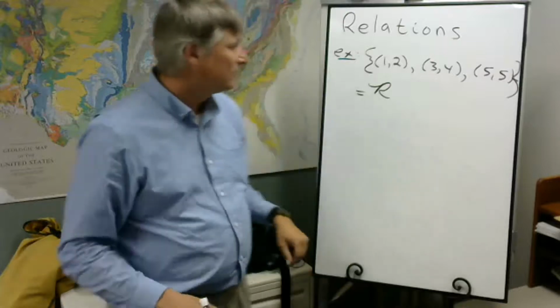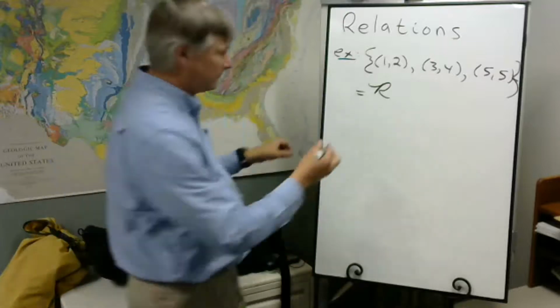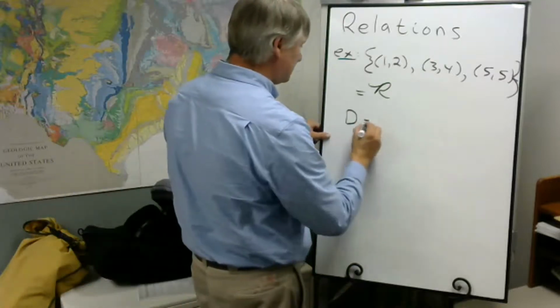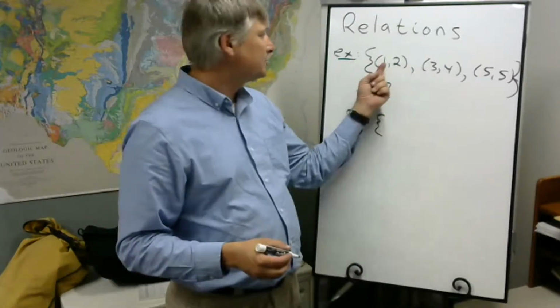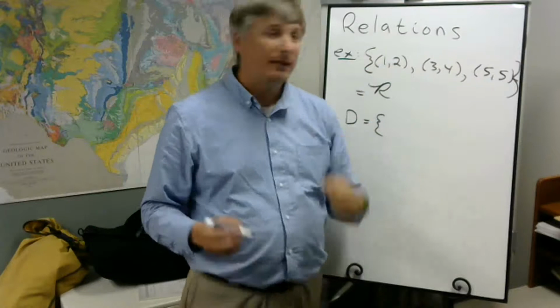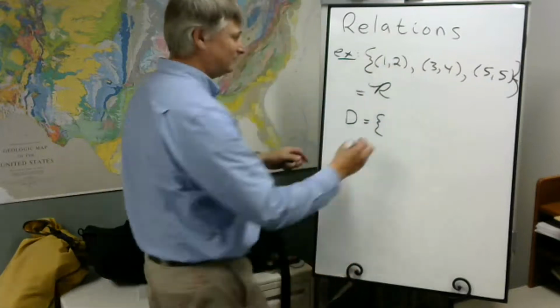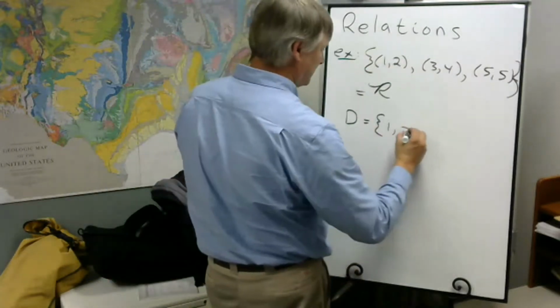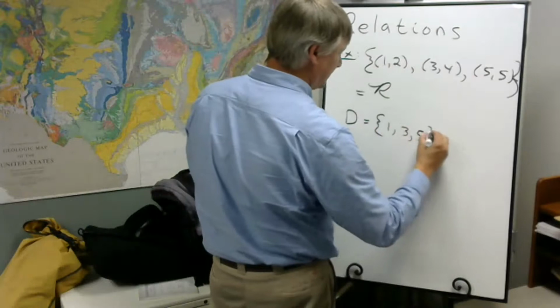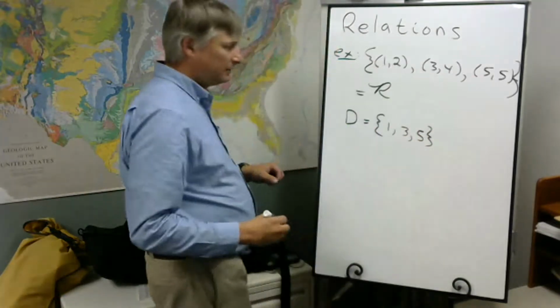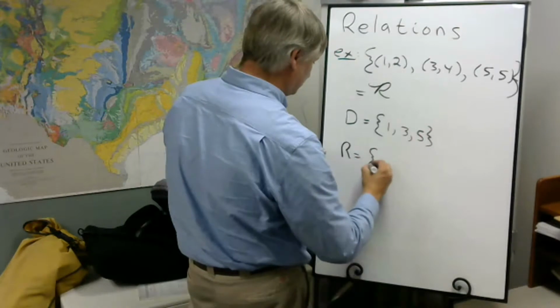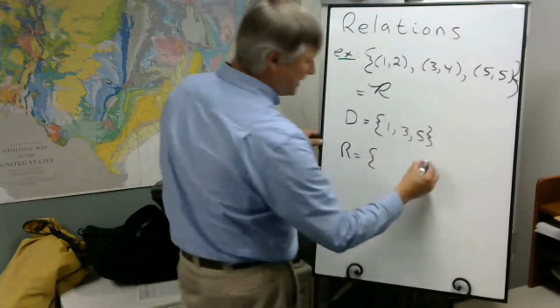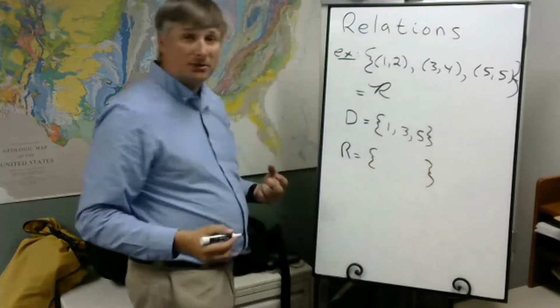So what's the domain? Again, the domain is the set of inputs. Inputs are always the first numbers in the ordered pairs, so 1, 3, and 5. And what about the range? The range is the set of all possible outputs.